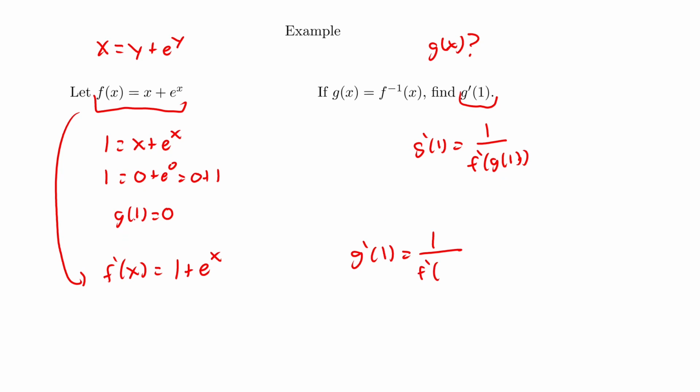And we know g of 1 is 0. So that's going to be 1 over f prime of 0. And we can find f prime of 0 explicitly by plugging this in. That's going to be 1 plus e to the 0, which is just 1 plus 1, or 2. So we know that g prime of 1 is 1/2.